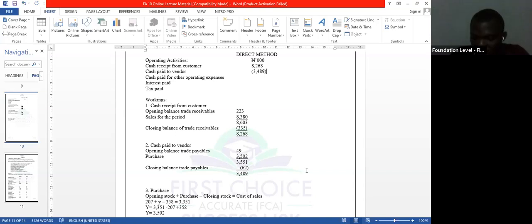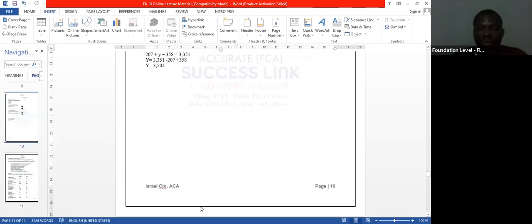Okay. So now that we have that, the next thing for us is the cash paid for operating activities. So, how do we do that? We have to calculate that as well. So we look at the actual information for workings 4.